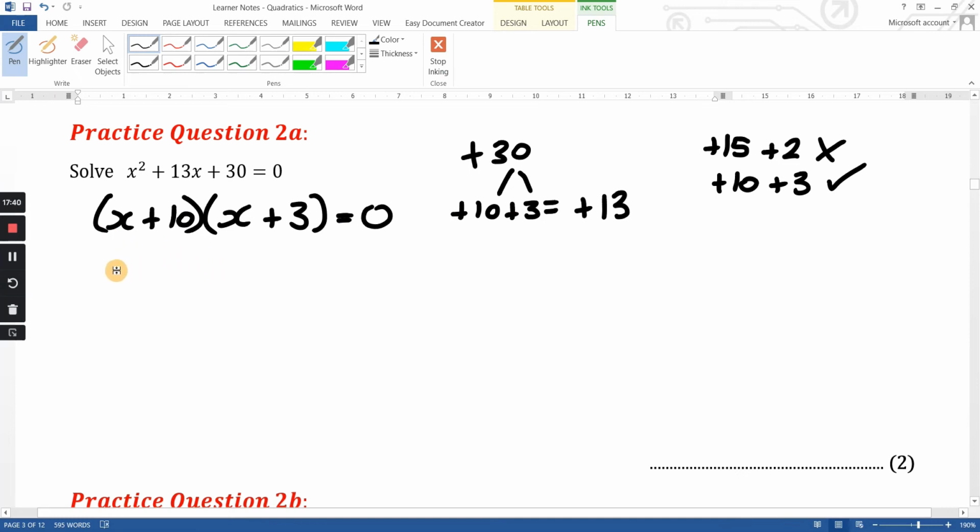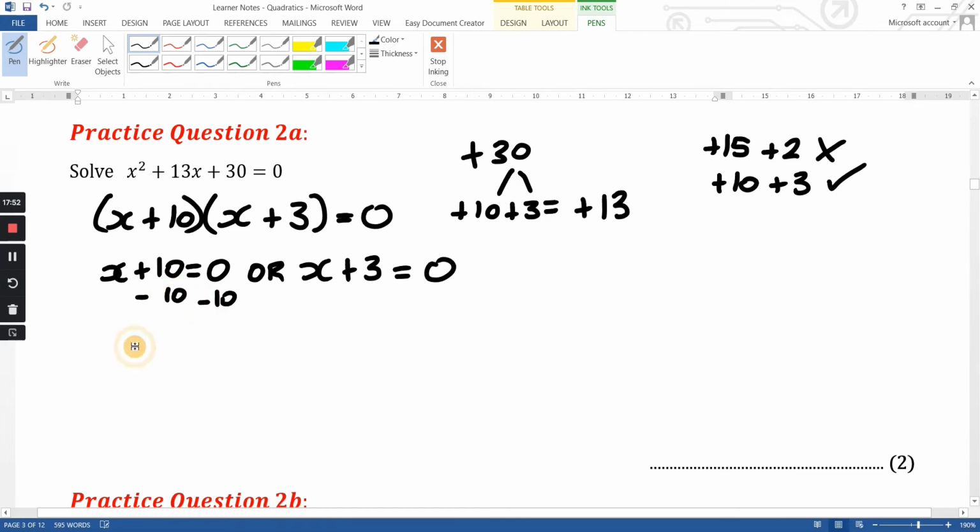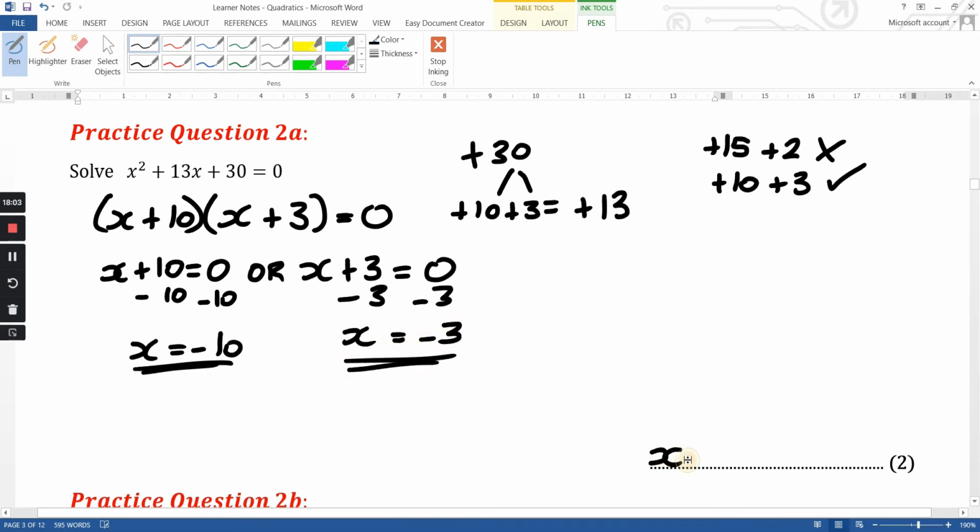So either the first bracket is equal to 0, or the second bracket is equal to 0. Let's rearrange this. Let's get x on its own. x is minus 10. There's my first answer. Or x is minus 3. There's my second answer. So x is minus 10 or minus 3. That's that one done.